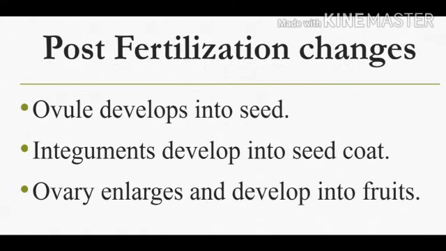That is the post-fertilization changes. The ovules will develop into the seed, the integuments will develop into the seed coat, and the ovary will enlarge and develop into the fruit. So these are all the changes that happen after fertilization.